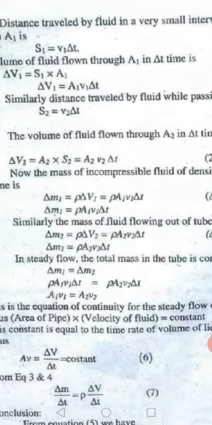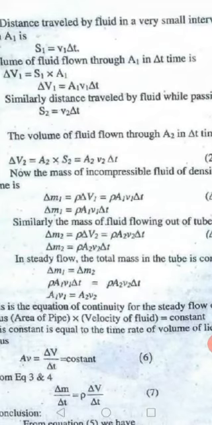Delta stands for a small change, so delta M1 equals rho A1 V1 delta T. This is our equation of mass for the lower end. Similarly, for the upper end we don't have to derive it again; we just replace the symbols from 1 to 2. So delta M2 equals rho A2 V2 delta T.